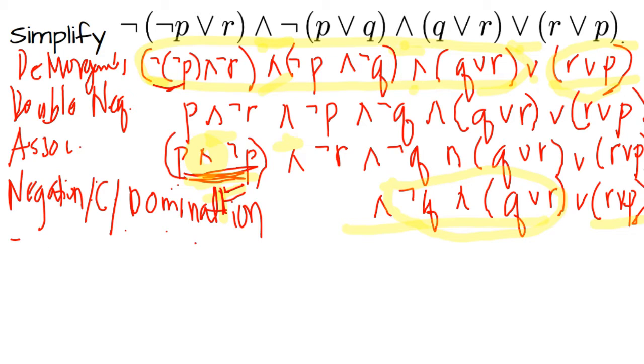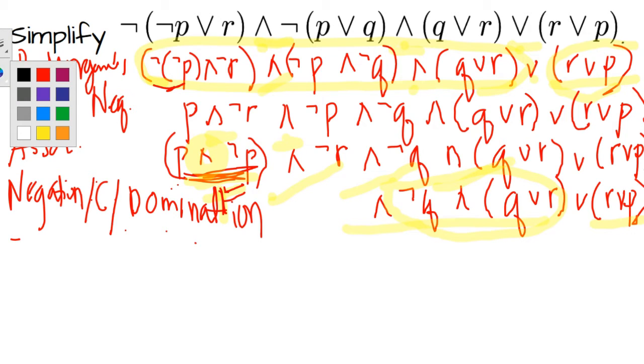So by domination, how many dominations do we have? So domination 1, so this will be false, and then after that domination 2, and then 3. So domination will be applied 3 times.